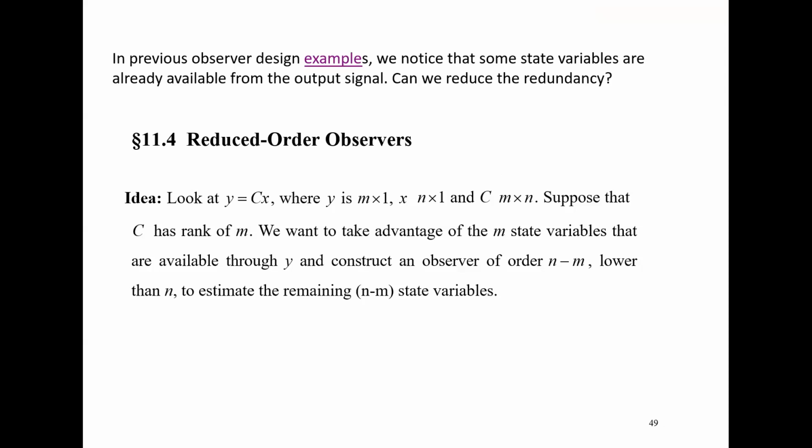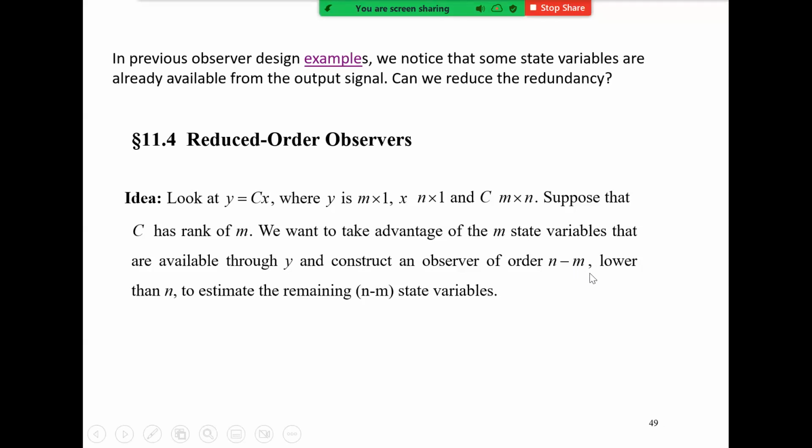And then we can use the output to construct some of the state variables, m of them. But of course, there are some other ones missing, the remaining n minus m. So the m outputs can provide you m state variables, but there are n minus m missing ones.